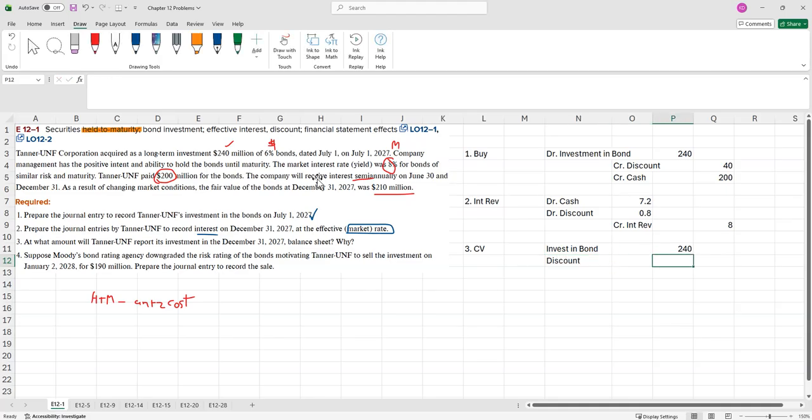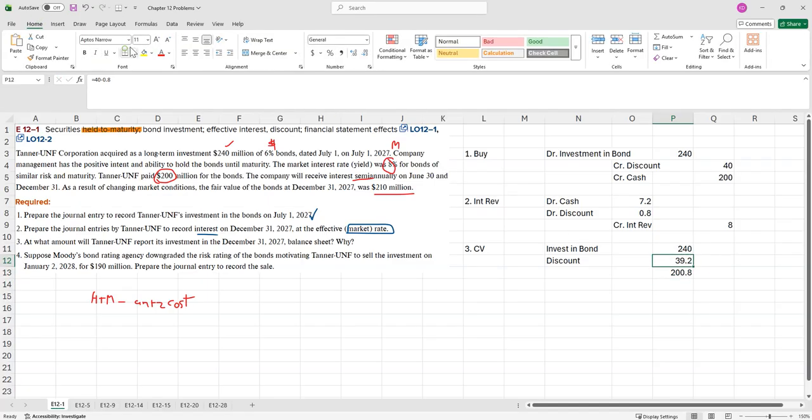So we started with a 40 million discount, but we backed out 0.8 from up here that we got rid of. So the current amount left is 39.2. You do 240 minus 39.2. That is going to be our amortized cost at the end of the year and how we would put it on the balance sheet. We would ignore these changes to fair value. You might put a note in there, but we're definitely not going to account for it.